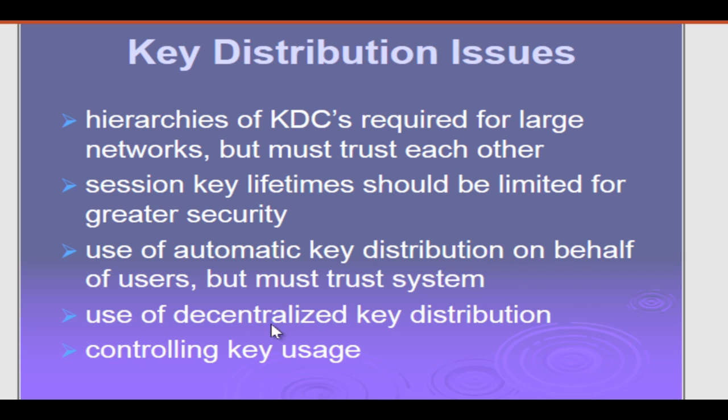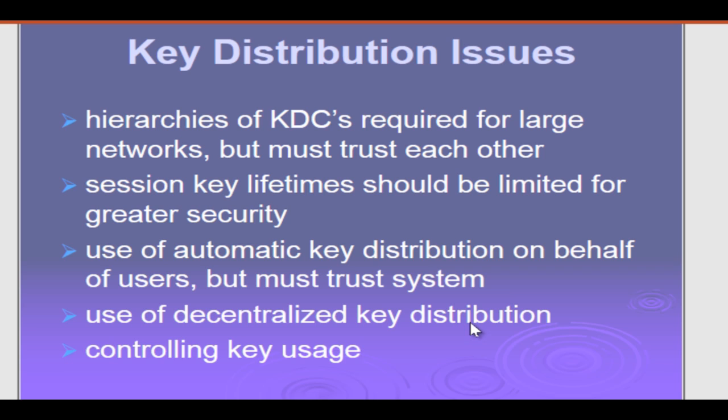You can also do decentralized key distribution. Centralized means only one KDC is there and other KDCs communicate with it. Decentralization means every KDC has its own control and power.